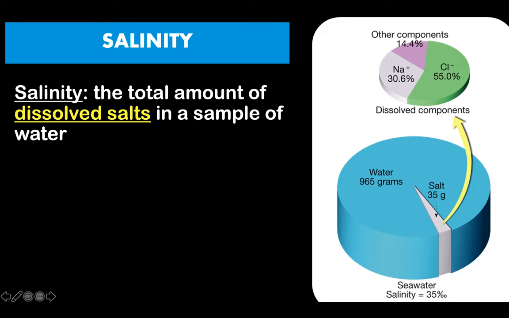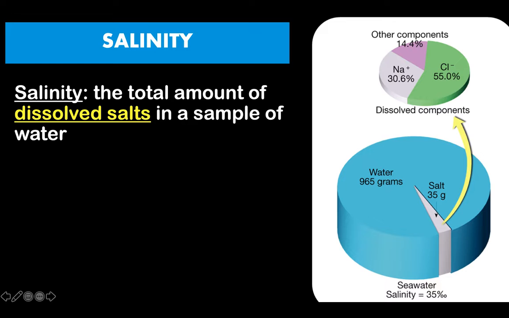Some of you may be noticing this symbol down underneath where it says salt water, salinity equals 35, and then it has that percent sign with an extra bubble at the bottom. That is parts per thousand. And then in the top graph, we can see that a majority of the dissolved salts in ocean water are going to be chloride and sodium, NaCl.